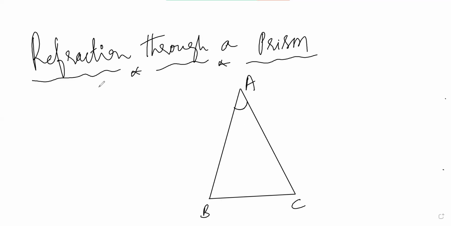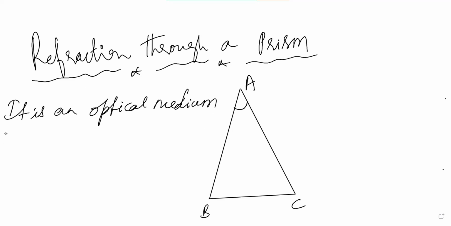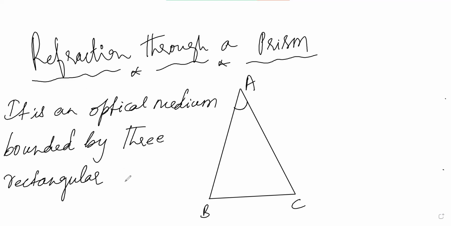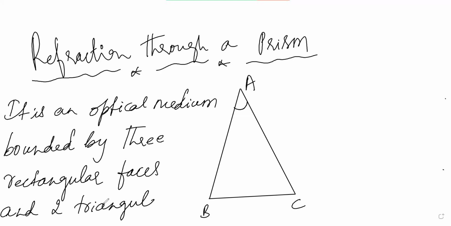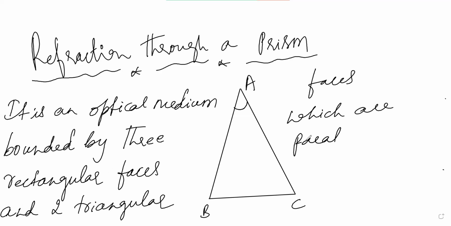What is a prism here? It is an optical medium bounded by three rectangular faces and two triangular faces, which are parallel to each other.